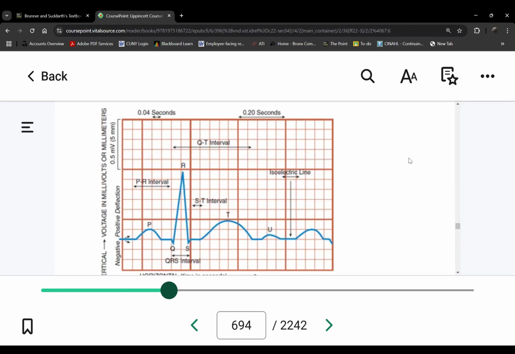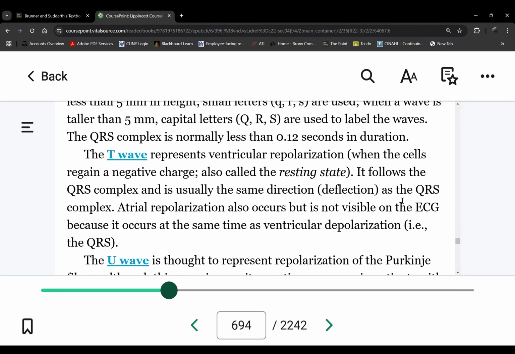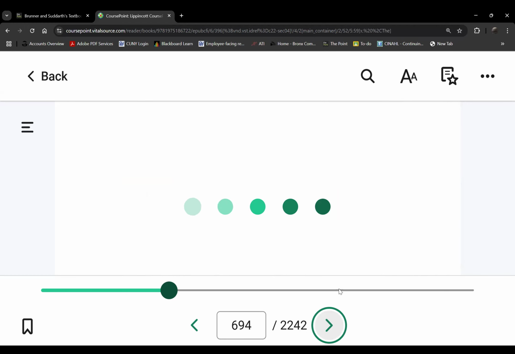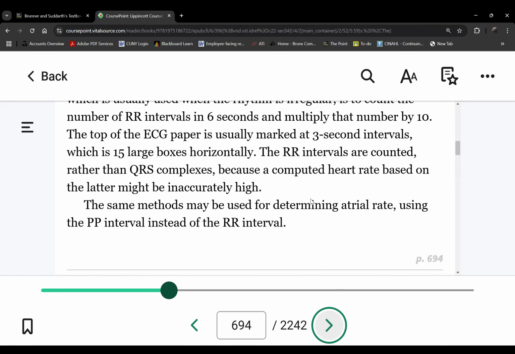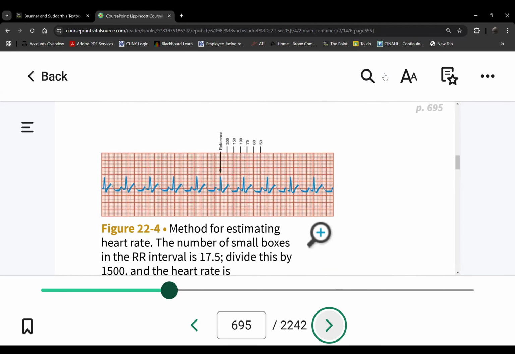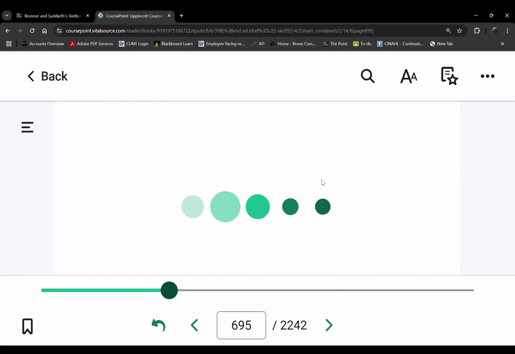I'll show you an example. This is an actual reading. You can see that it doesn't really fall on a solid line. However, you can see an imaginary isoelectric line.